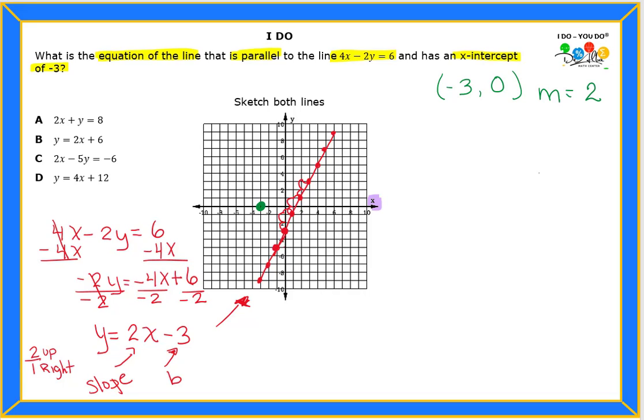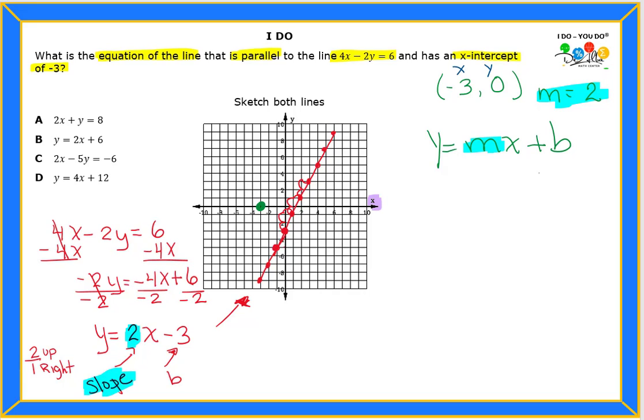So if I want to write an equation for this, I can start with my slope-intercept form, and I can replace some values. I can replace m with the 2, because that's the number that we got over here. I can also replace the y, because this is your x and this is your y value.